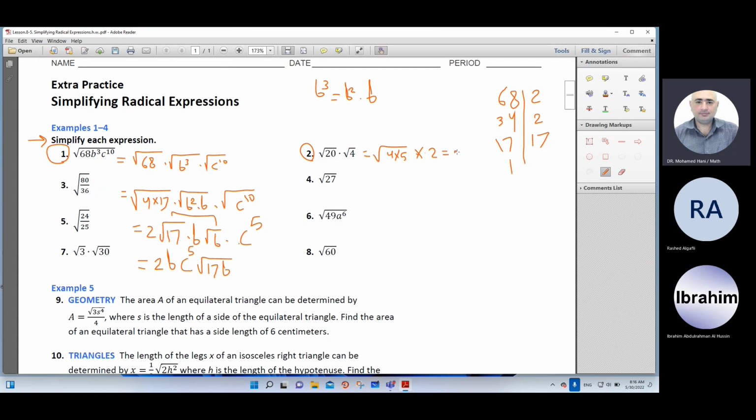It will be 2. Square root of 5 times 2. So 2 times 2 will be what? It will be 4. So the answer will be 4 square root of 5.